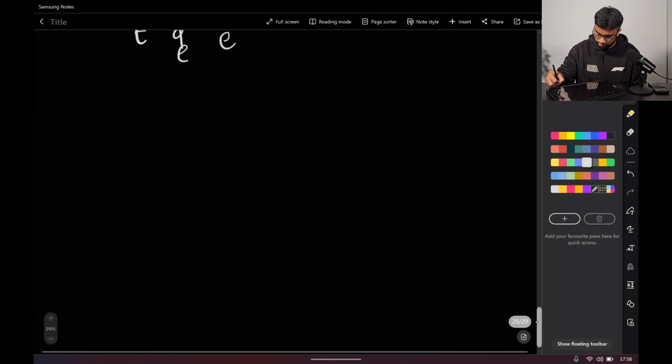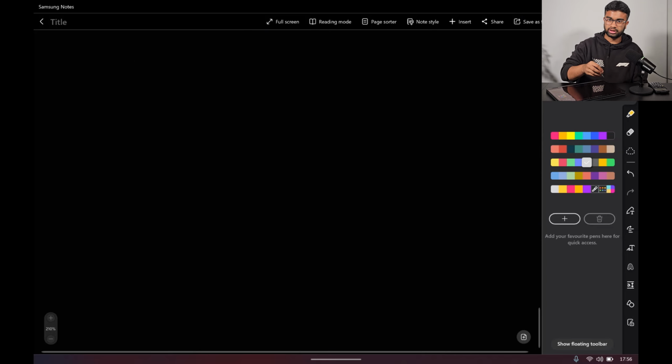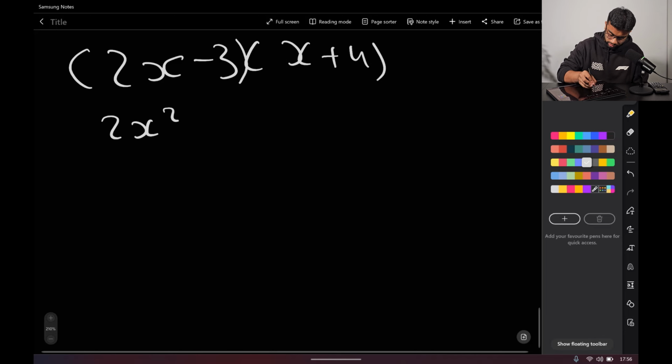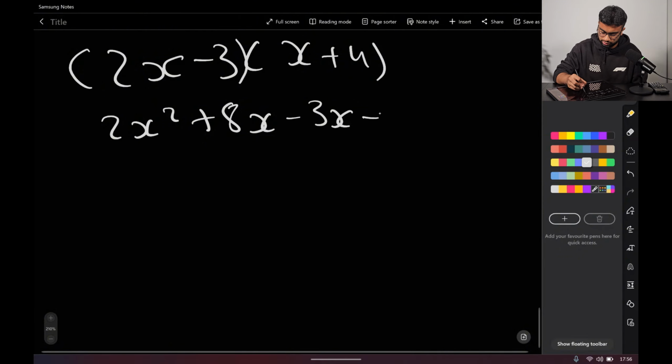So if we apply that to the two brackets, we have 2x minus 3 and x plus 4. Multiplying our first terms would give us 2x squared. Our outside terms would give us 8x, minus 3 multiplied by x would give us minus 3x, and minus 3 times 4 would give us minus 12.